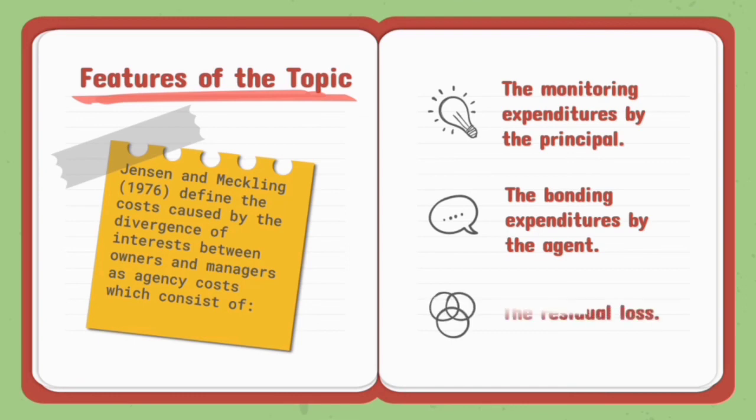The residual loss. Residual losses are the costs incurred from divergent principal and agent interests despite the use of monitoring and bonding, as action taken by an agent will sometimes differ from the behavior that would maximize the principal's wealth.